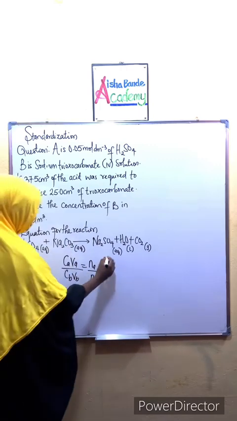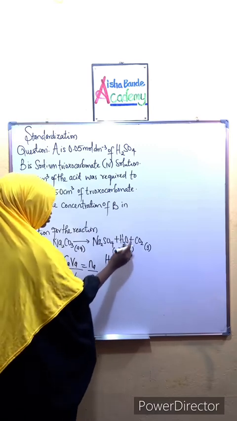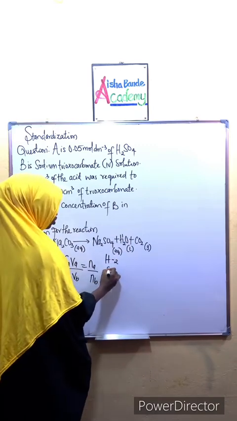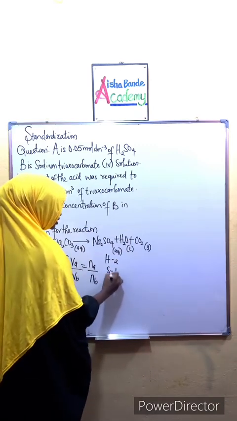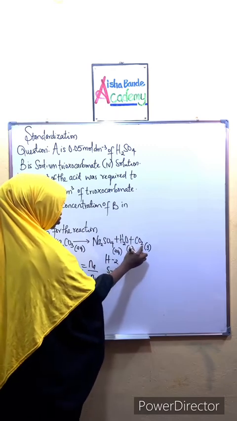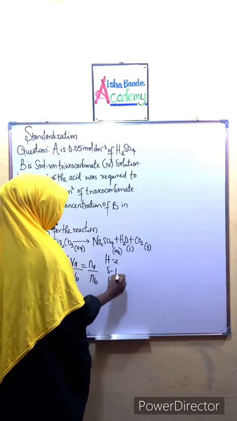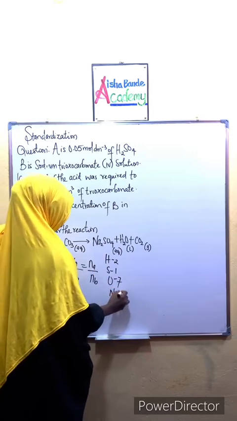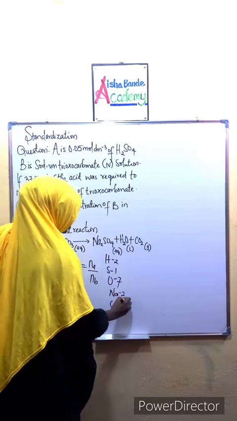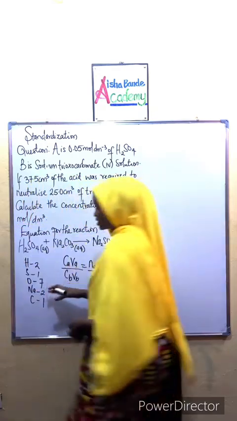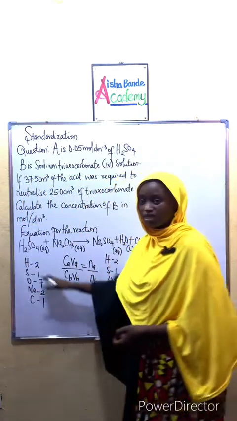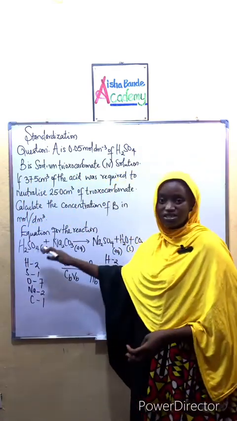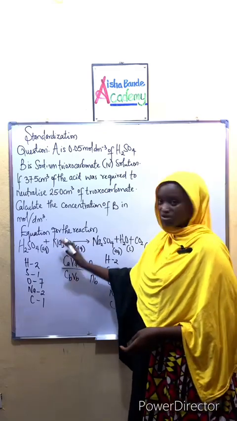Let's go to the product side. The hydrogen here is 2, sulfur is 1, oxygen is 1 plus 2, that is 3, plus 4, 7. Then the sodium is 2, while carbon is 1. So as you can see, both on the reactant and also the product side, all the elements are balanced. So this means we have a balanced chemical equation, and we can move on.